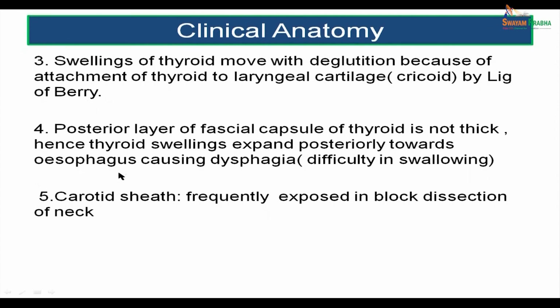Then next, the fascia covering the thyroid capsule posteriorly is not very thick, and because of that the thyroid swellings expand posteriorly towards the esophagus. This causes difficulty in swallowing, or dysphagia. The carotid sheath is frequently exposed in block dissection of the neck or surgery of the neck.